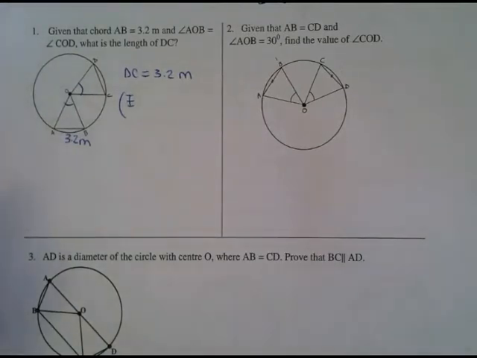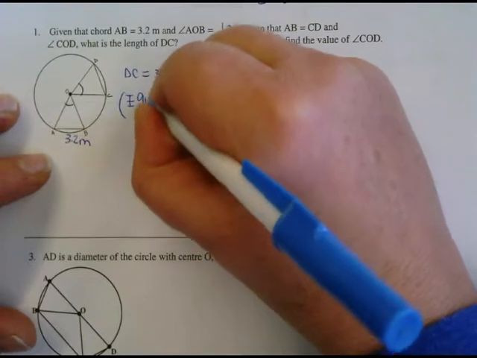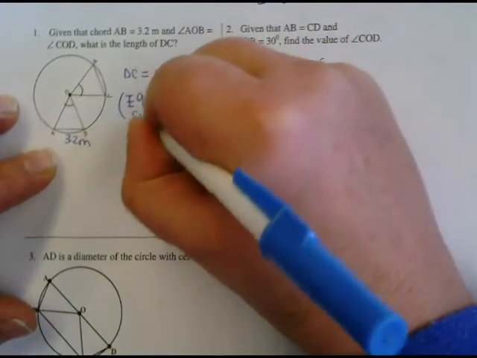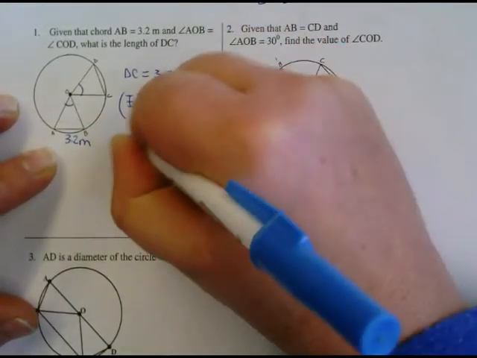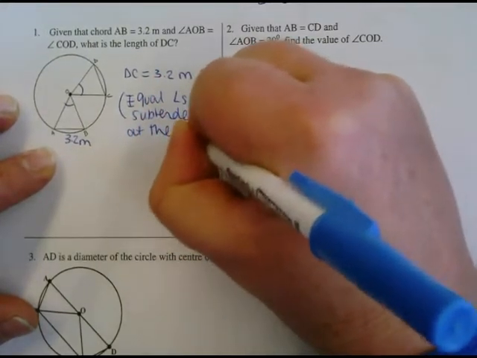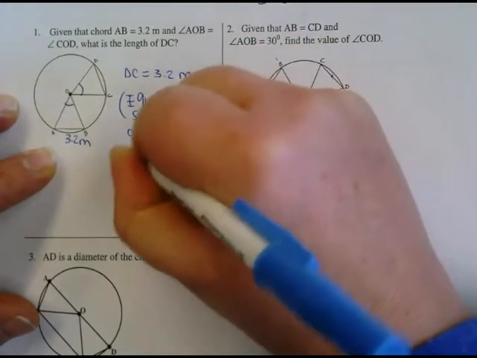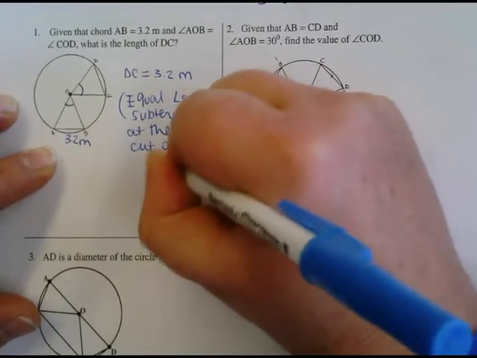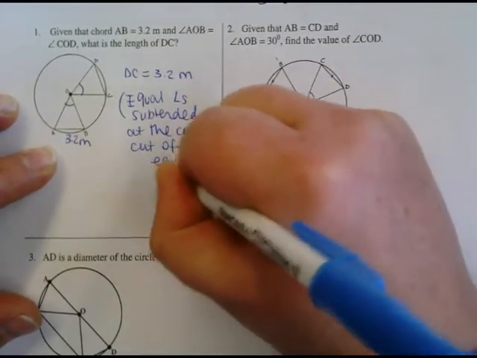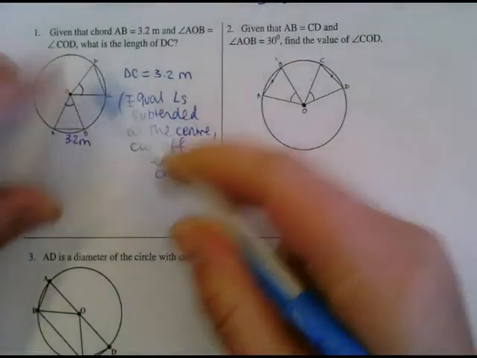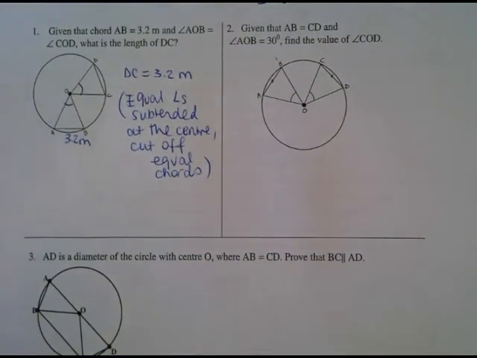So equal angles subtended at the center cut off equal chords. What you're saying here is that the angles are equal, so the chords are equal. And the other way, the chords are equal, so the angles are equal.